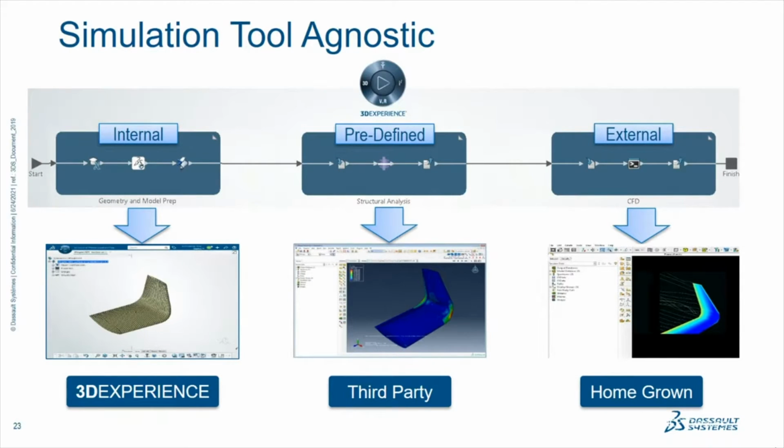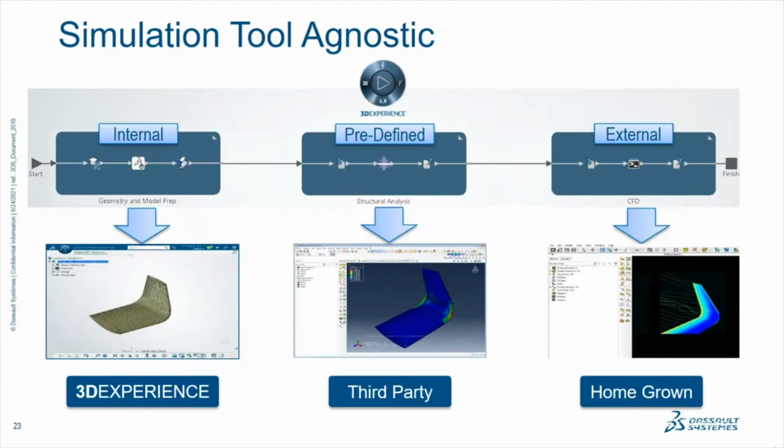So basically, if you're going to create a workflow, regardless of whether you're working with tools that exist on the platform or external to the platform, the only difference is which adapters you use. Here we have a particular workflow that has 3 separate calculations. In the first one, we're using some internal adapters to change the winglet geometry associated with this particular part and do some meshing directly on the platform. So we're using some platform-based adapters.